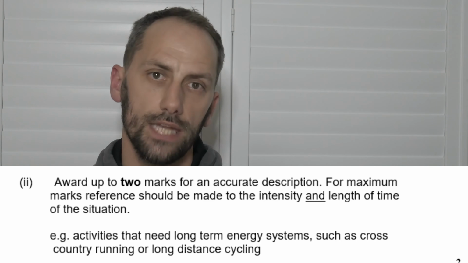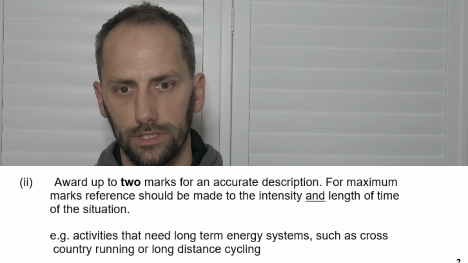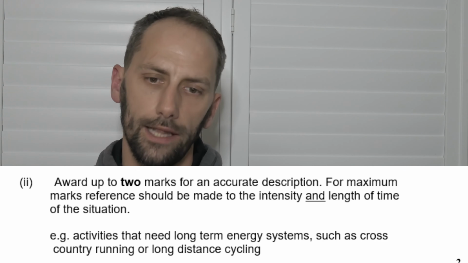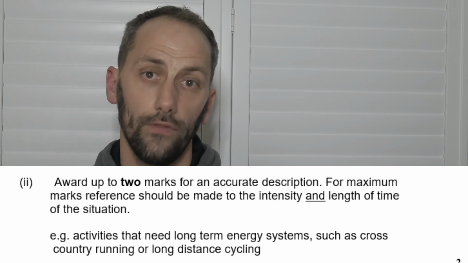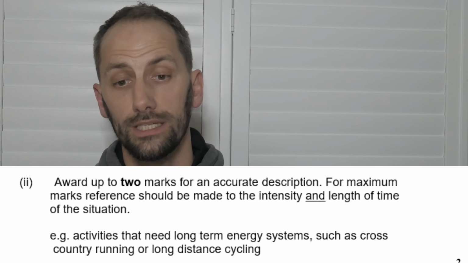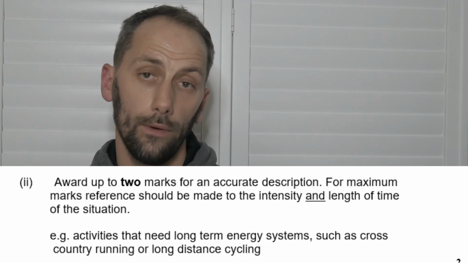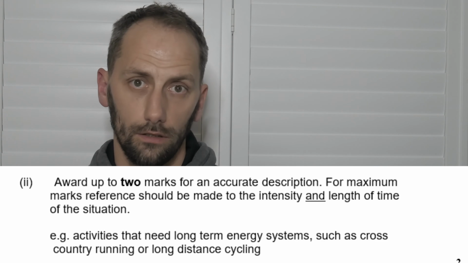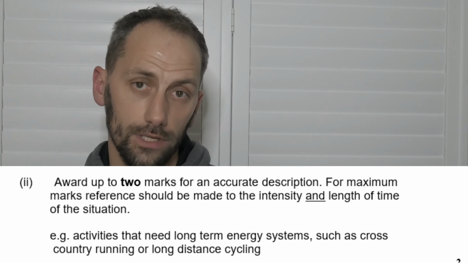You couldn't just say running is an aerobic activity. You need to talk about the fact that it's a long-term energy system, lasting for a long period of time. You could say it's a low-intensity exercise, for instance marathon running. So you have to reference the duration and the intensity.